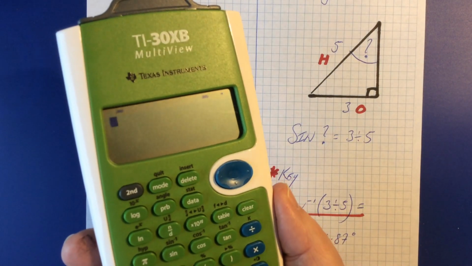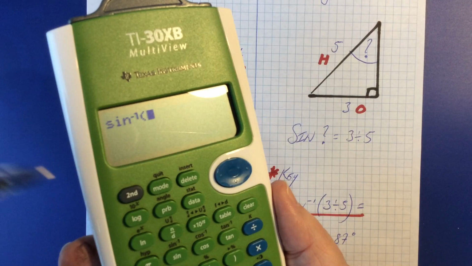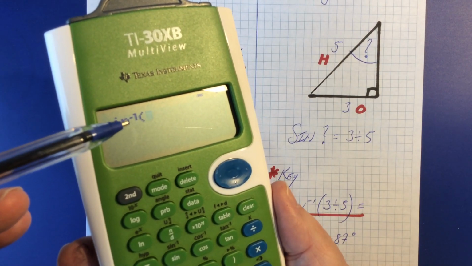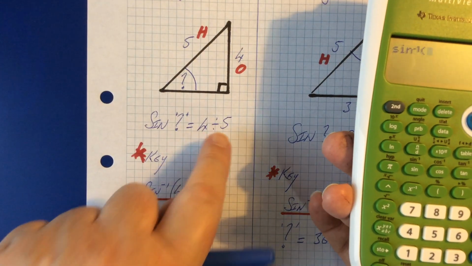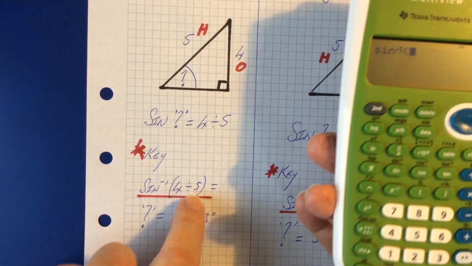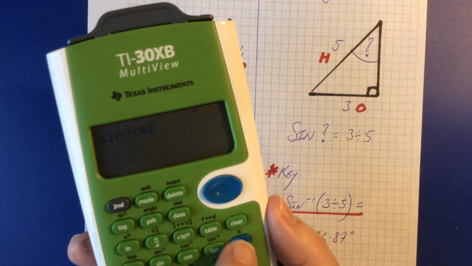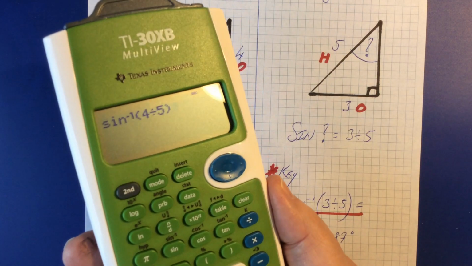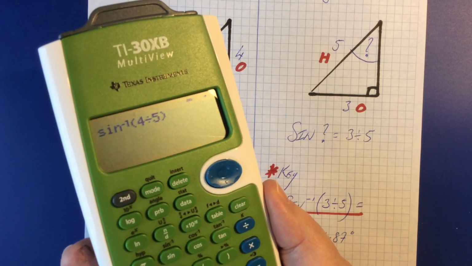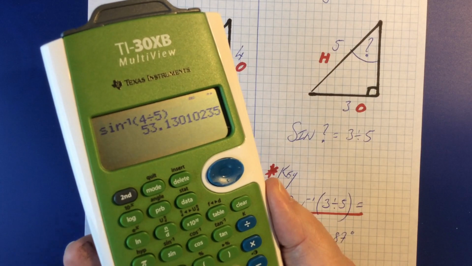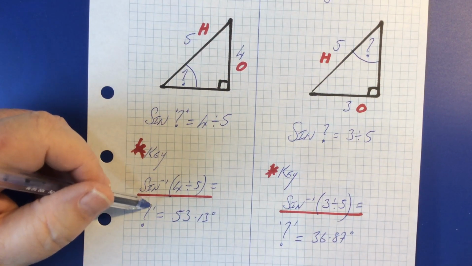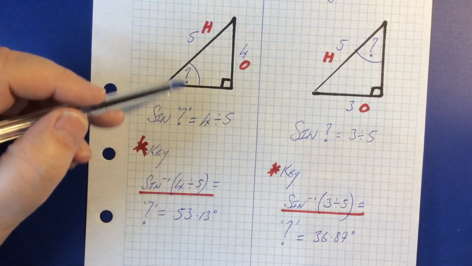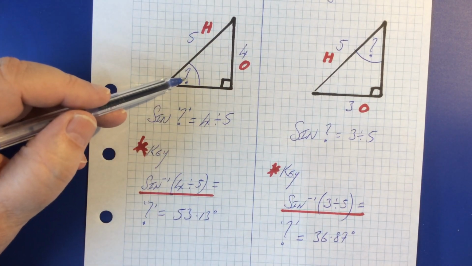So second function, sine, and what will come up is sine -1, and a bracket will open. You divide 4 by 5, close the bracket, and I'm going to push go, and I get 53.13 degrees. So our angle is 53.13 degrees, that angle there.